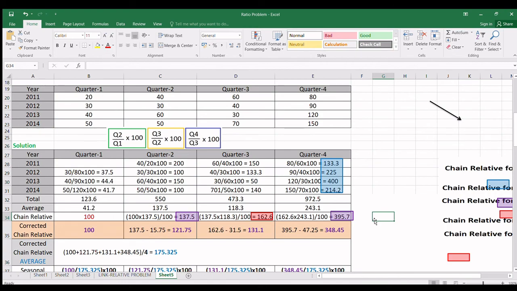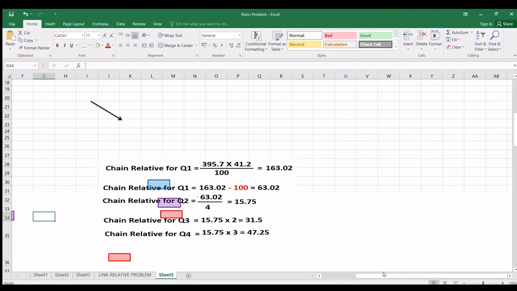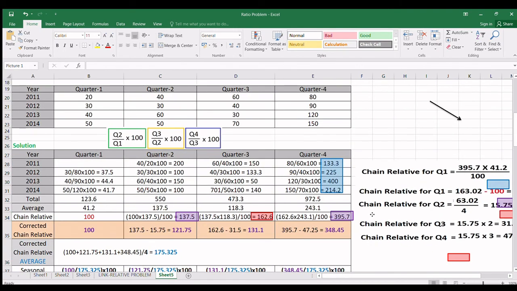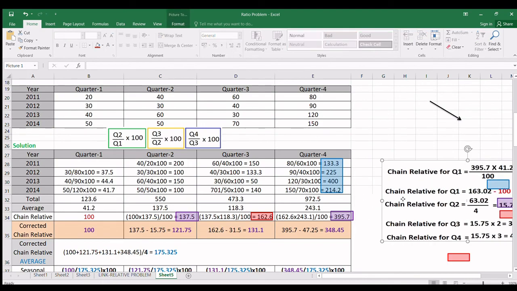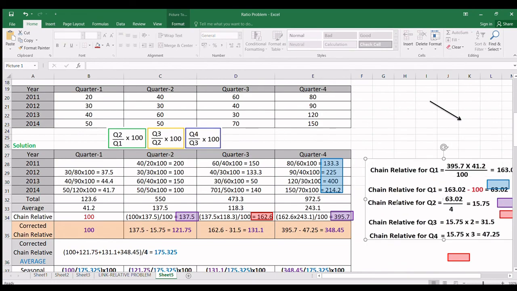Now I have to find the character chain relative. So how to find the character chain relative? I have a different calculation to find it, on your screens, right? I'm going to take this here to explain in more detail. This is how I have calculated the character chain relative.